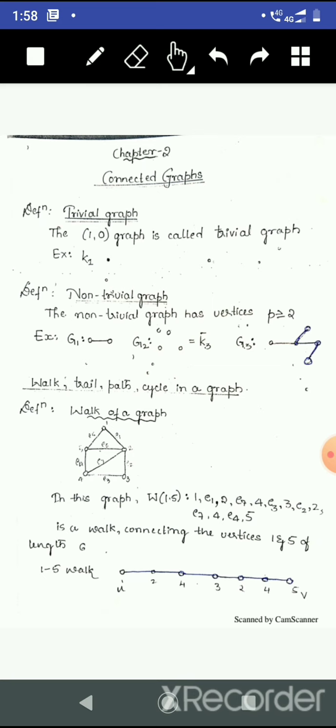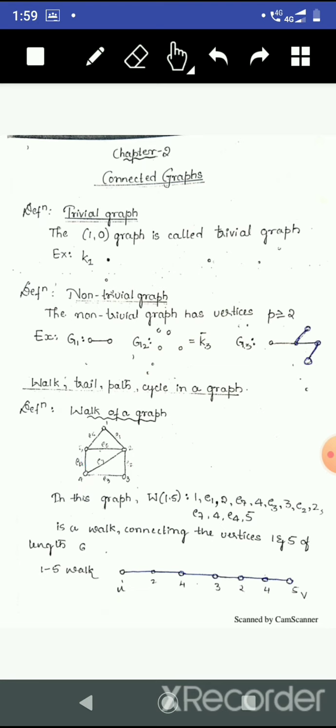In this graph, there are 5 vertices and 7 edges, E1 to E7. A walk from vertex 1 to vertex 5 starts at 1, moves along E1 to 2, then E2, E7 to 4, E4 to 5 and so on, passing through vertices 4, 3, 2, then E7 to 4, and E4 to 5.